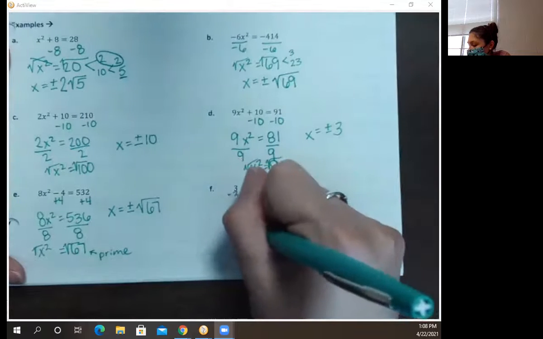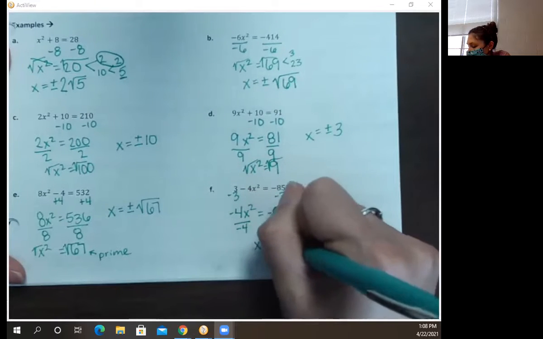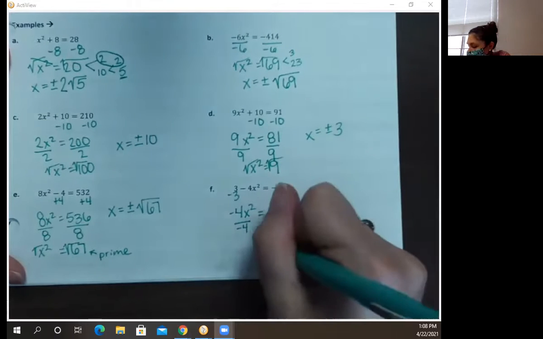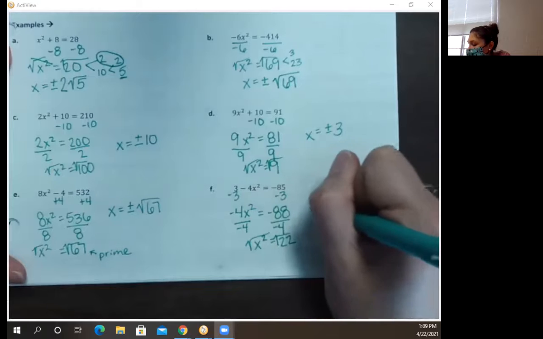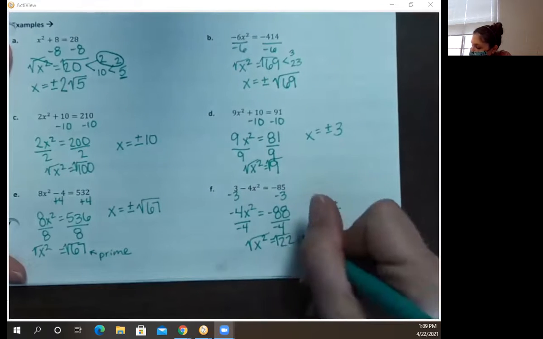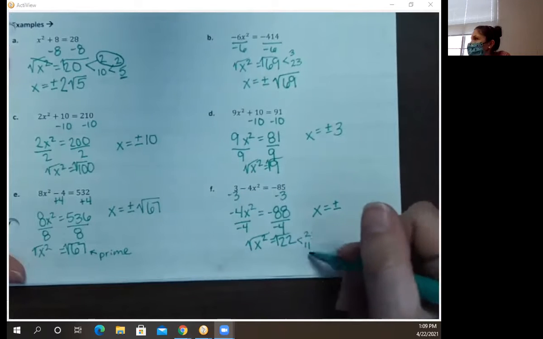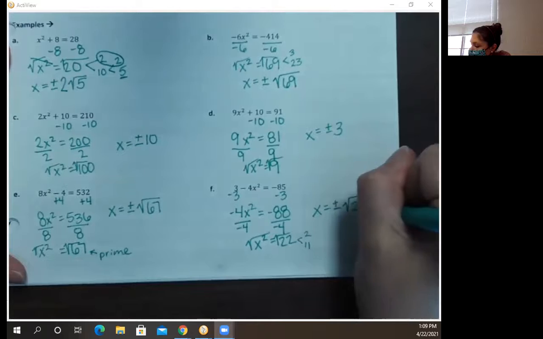Divide both sides by -4. And we get x squared equals 22. I want to get rid of the square, so we're going to take a square root. And we get x equals plus or minus 22 would be 2 times 11. 11's prime. There are no pairs there, so we're just going to leave that as the square root of 22.